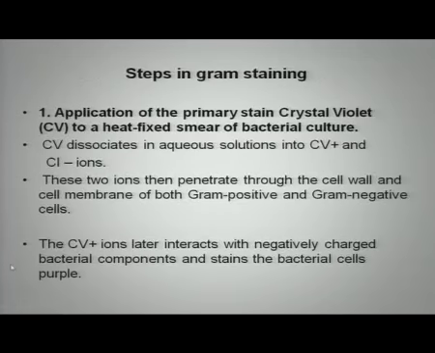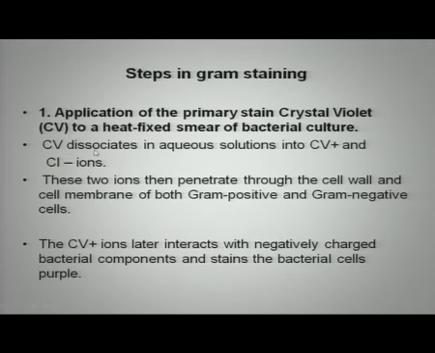Now coming to the steps in gram staining. As I have already told you, we are using crystal violet as the primary stain, which we will refer to as CV. Heat and fix the smear. The bacterial smear is heated and fixed, and after that it is stained with crystal violet dye.